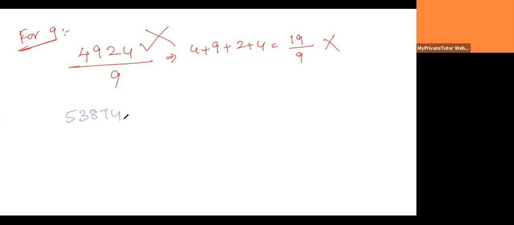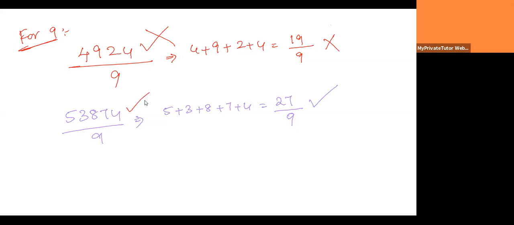53,874. Is it divisible by 9? Let's try. Just add all the digits. So we have 5 plus 3, 8, 16, 20, 27. You know that 27 is divisible by 9. So the original number is also divisible by 9.